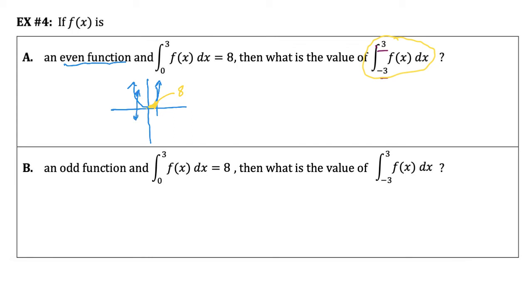Well, these are mirror images of each other. So if that's the case, then this value would also be 8. So that integral from -3 to 3 of f of x dx would have to be 16. So an even function doubles the value.